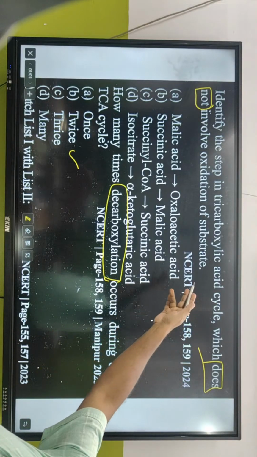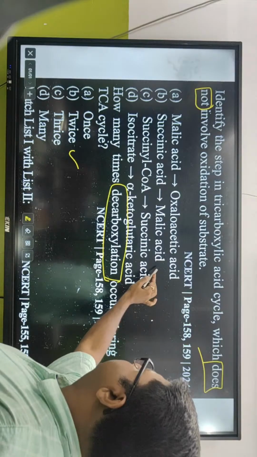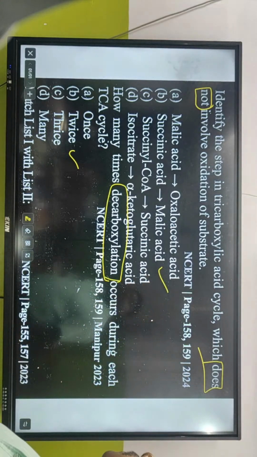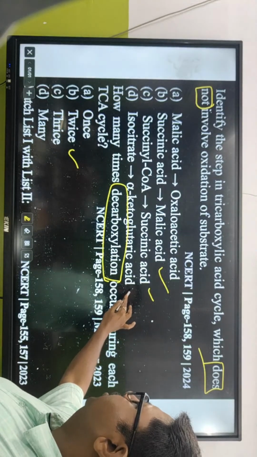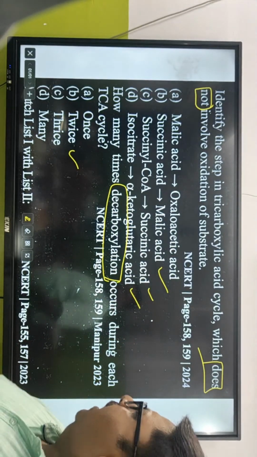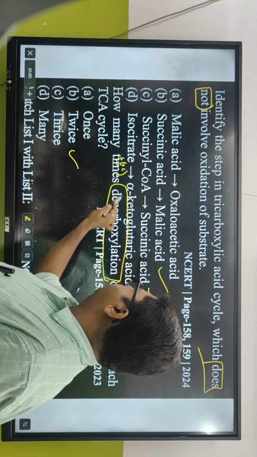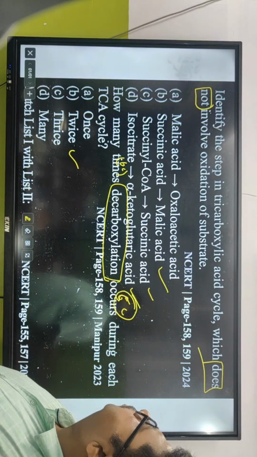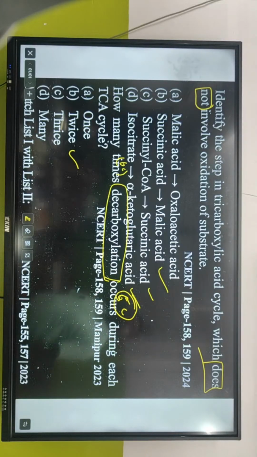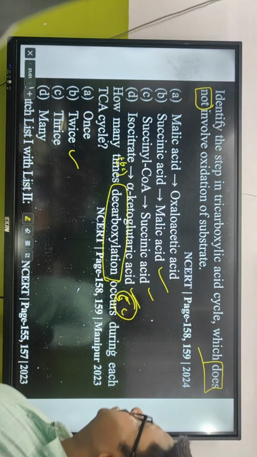Succinic acid to malic acid. Succinyl CoA to succinic acid. Isocitrate to alpha ketoglutarate, 6 carbon to 5 carbon. Another step which does not involve oxidation of substrate.